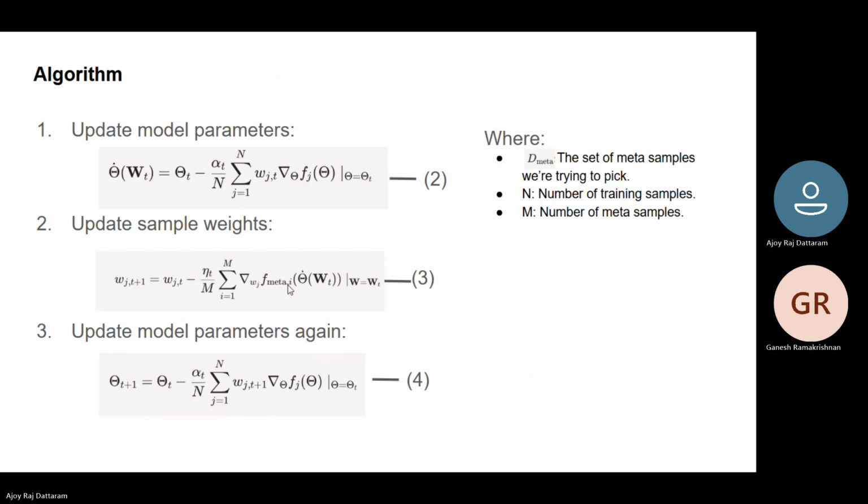So F meta is a model on the meta sample, like the Dmeta data set which we extracted from the training sample.